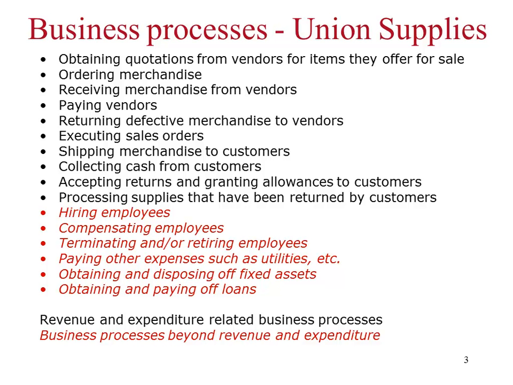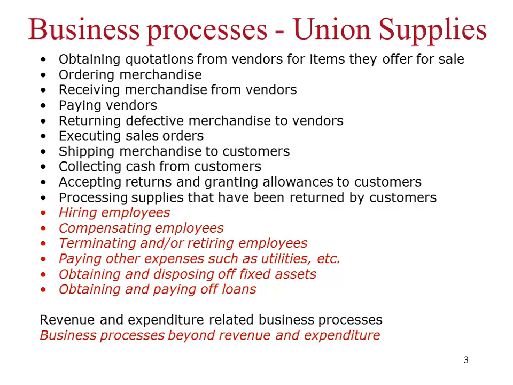Then you have sales. Customers create sales orders, then you have to ship items to them, then collect money for this. Finally, there may be some returns and allowances, right?